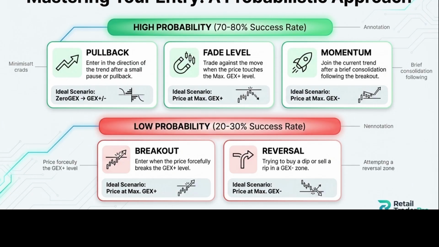They don't want to go higher because the gamma here gives them the opportunity to cover or hedge their position. There is no reason to go higher. For that reason, there is a 20 or 30 percent success rate.